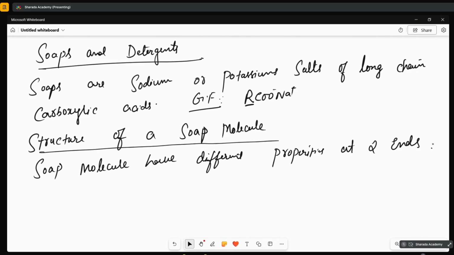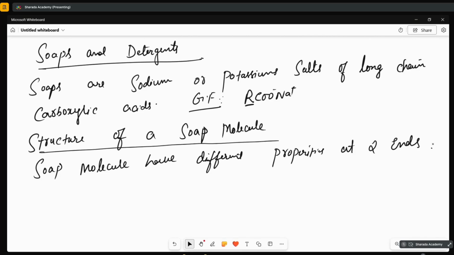Because of that, the molecules orient themselves in the form of micelles, which will attract the dirt and oil present in the clothes. Then when you rinse that with the water, what happens? It can be easily removed. What is the reason?